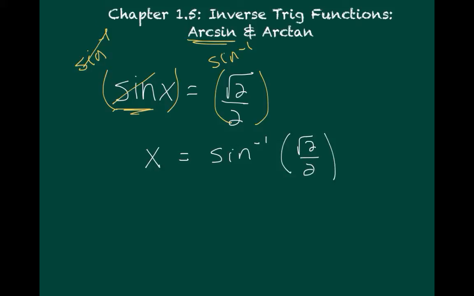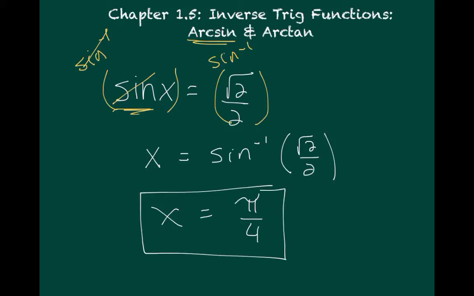And we'd have to go to a table, back in the old days, or you would just type that into your calculator, being sure to be in radian mode. And when you did that, you would get that x equals pi over 4, which is, of course, true.